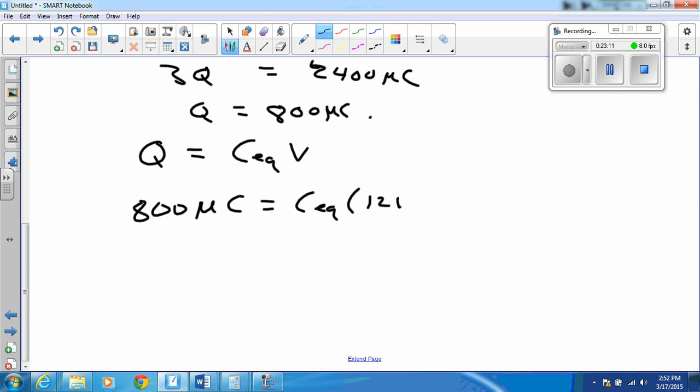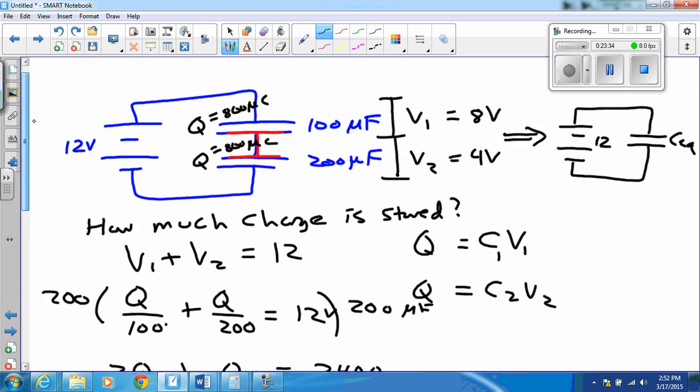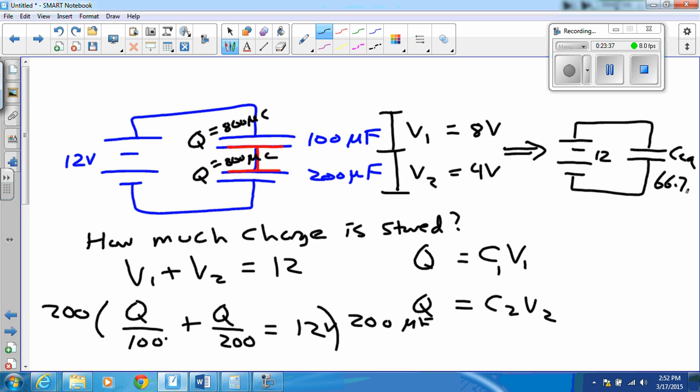That's 800 microcoulombs. So CEQ is equal to 800 over 12, which is the same as 200 over 3, right? Which is 66.7 microfarads. And so we find another surprise about our equivalent capacitor, and that is that it is smaller than both the 100 and the 200.